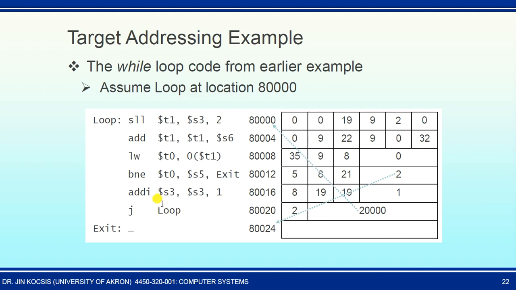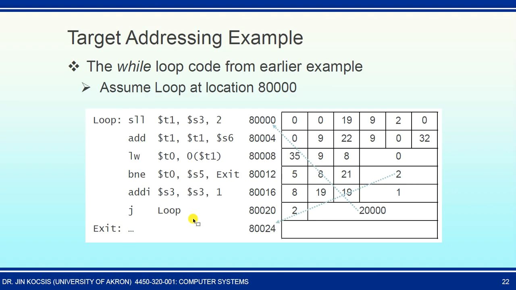In order to represent this jump loop into machine language, the first thing I need to know is what format I use. You pause here and try to answer by yourself.